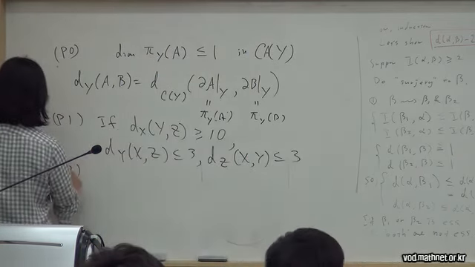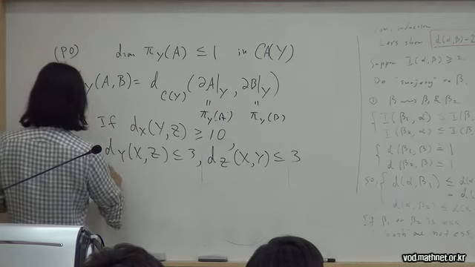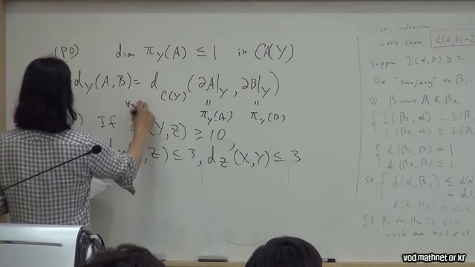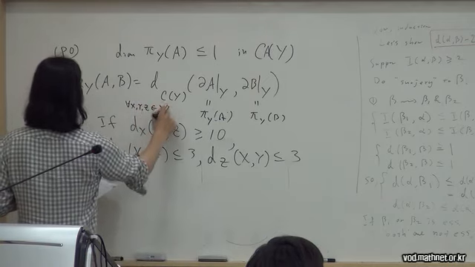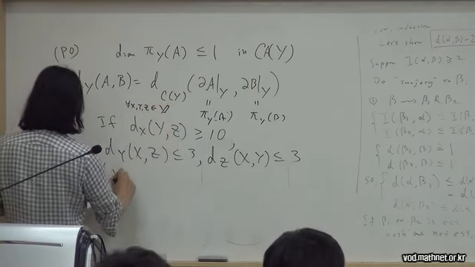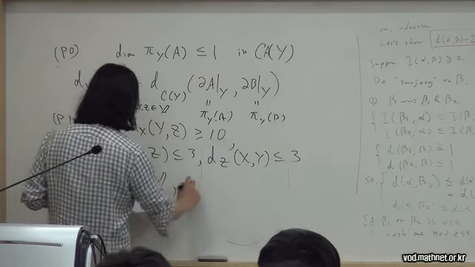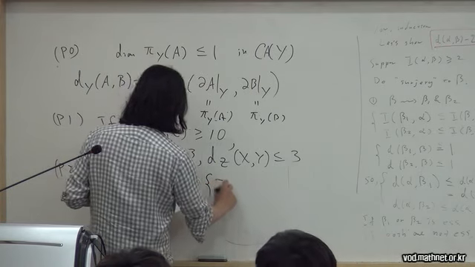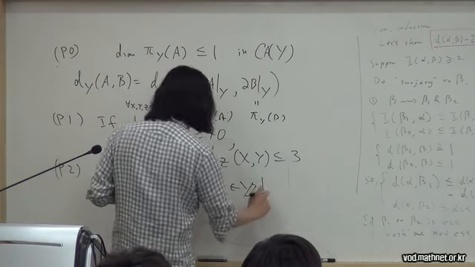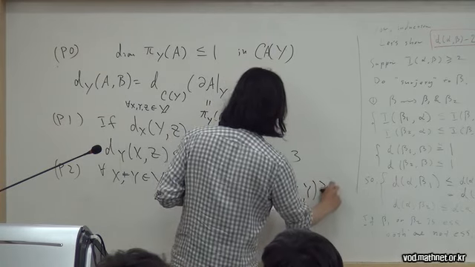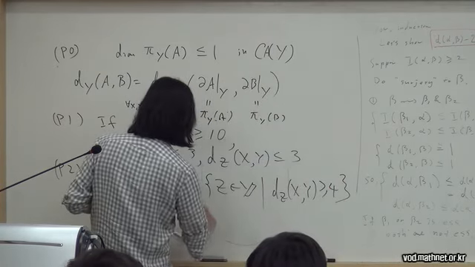And P2: any x and y in the set, the number of subsurfaces z so that d_z(x, y) is at least 4 is finite.